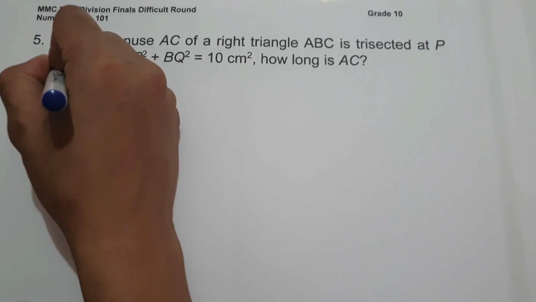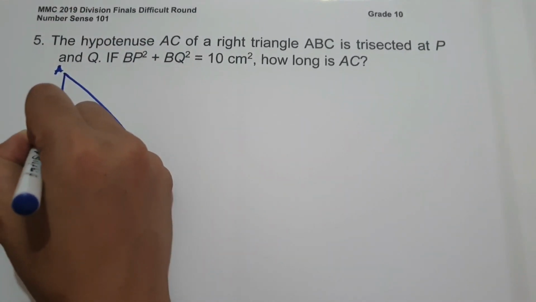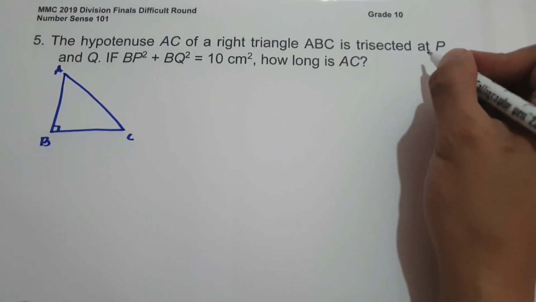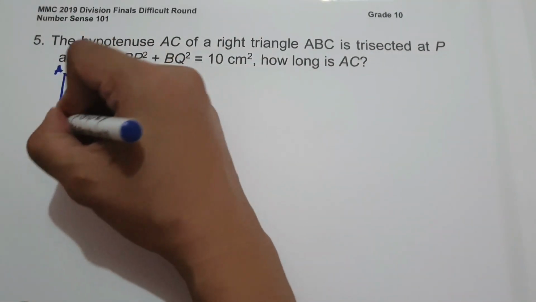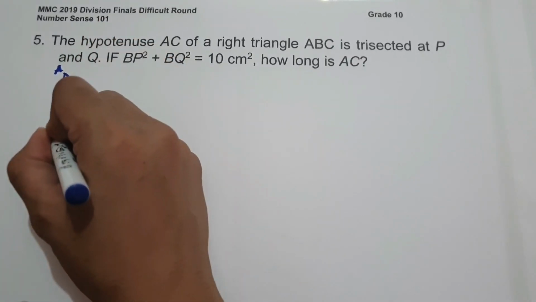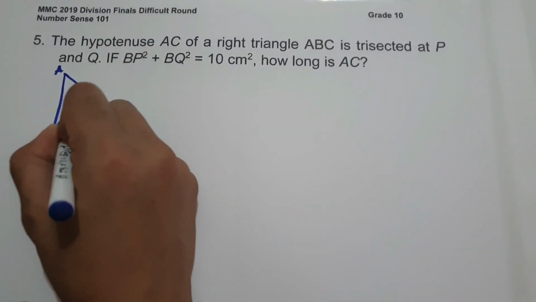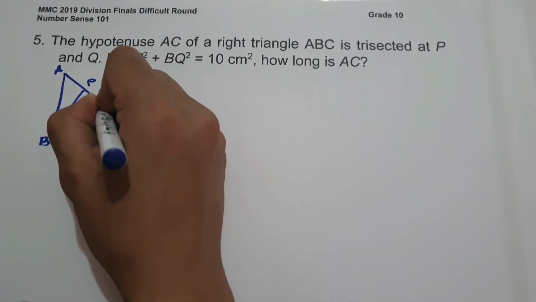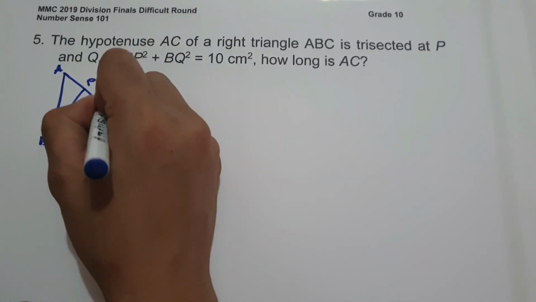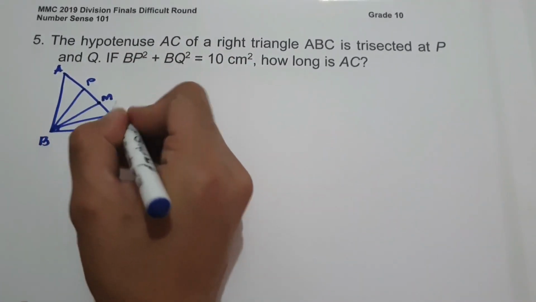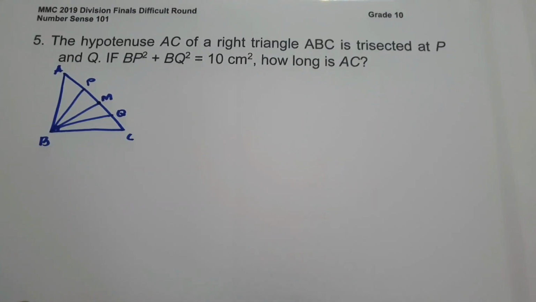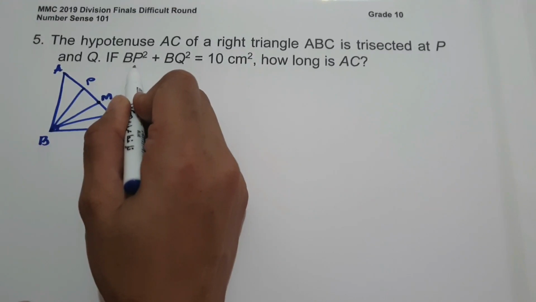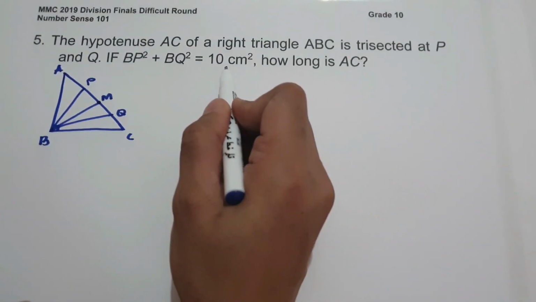So this will be AC as hypotenuse, and this will be P. And then trisected at P and Q. So when we say trisected, we have to divide the hypotenuse into 3. So this will be P and Q. So let me use M as the midpoint of P and Q. And then this one will give us the idea that this equation is written in the Pythagorean theorem.